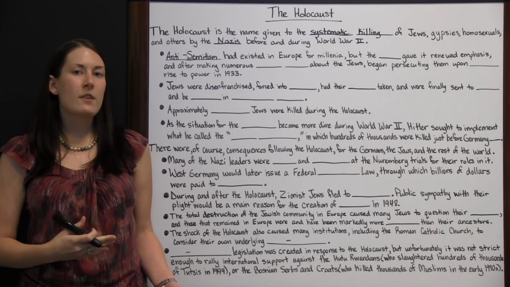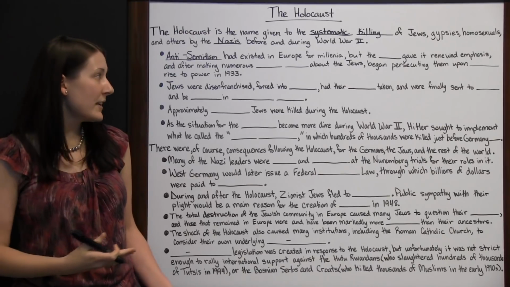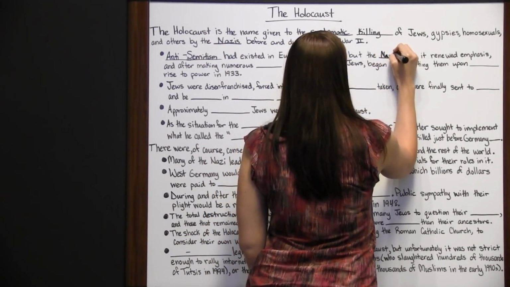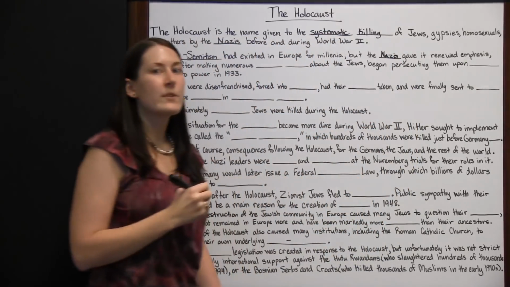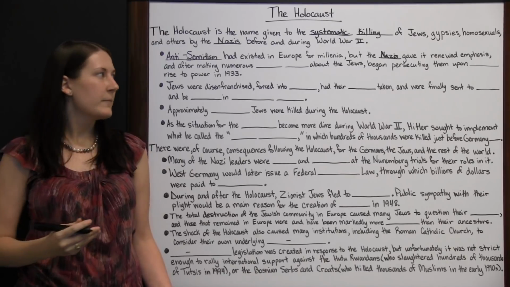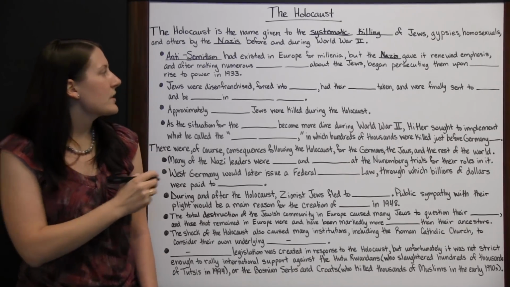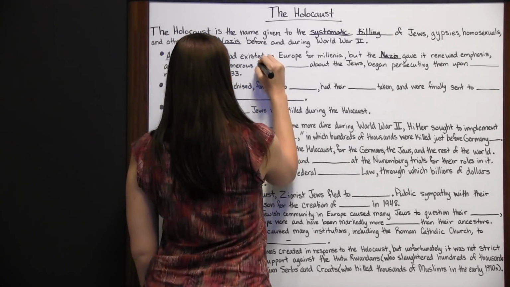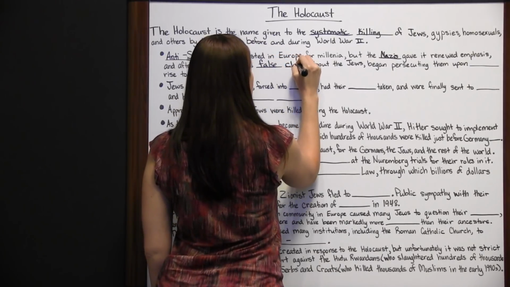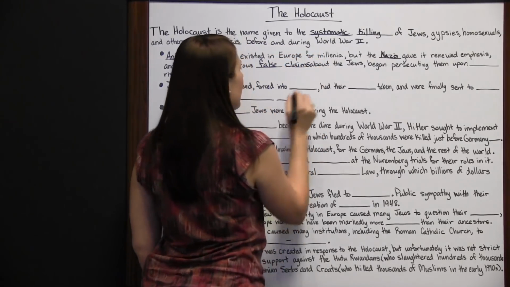Hating the Jews was not a new thing for Europeans, but the Nazis gave it renewed emphasis because they felt that their race was superior and this inferior race needed to be destroyed. And after making numerous false claims about the Jews, if they said bad things about the Jews, it would be easier to get people on board with getting rid of them.